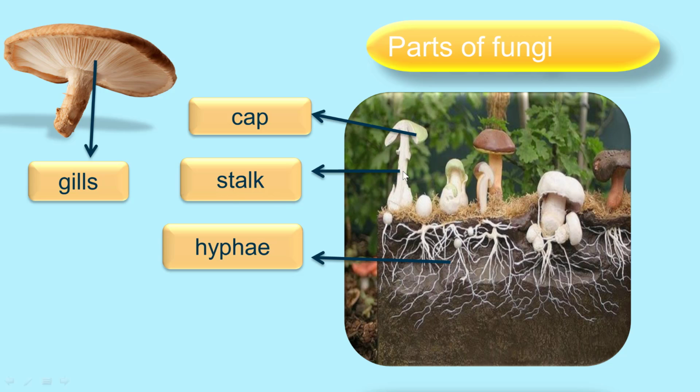Also, the stalk is like a stem, and they have a cup. The cup has very different things inside of it, which we name gills. These gills make spores.